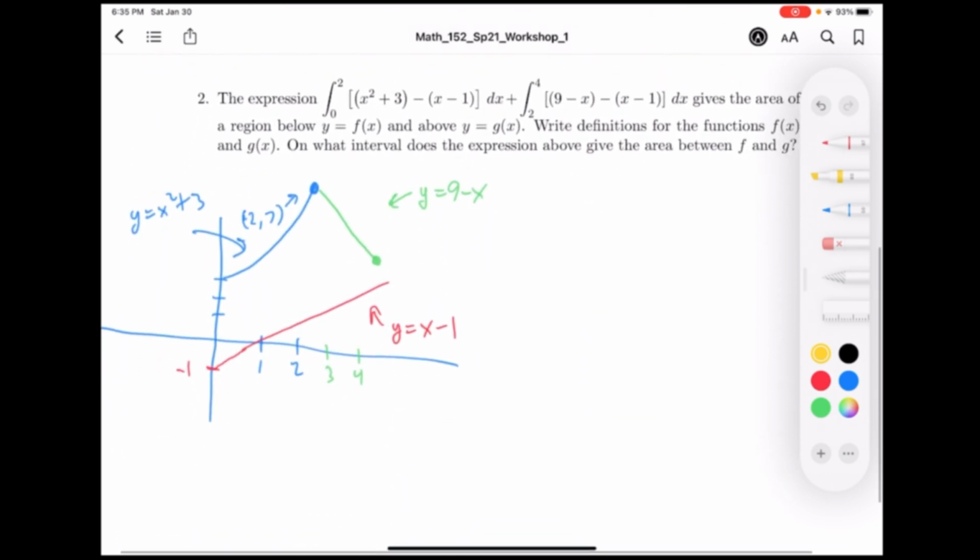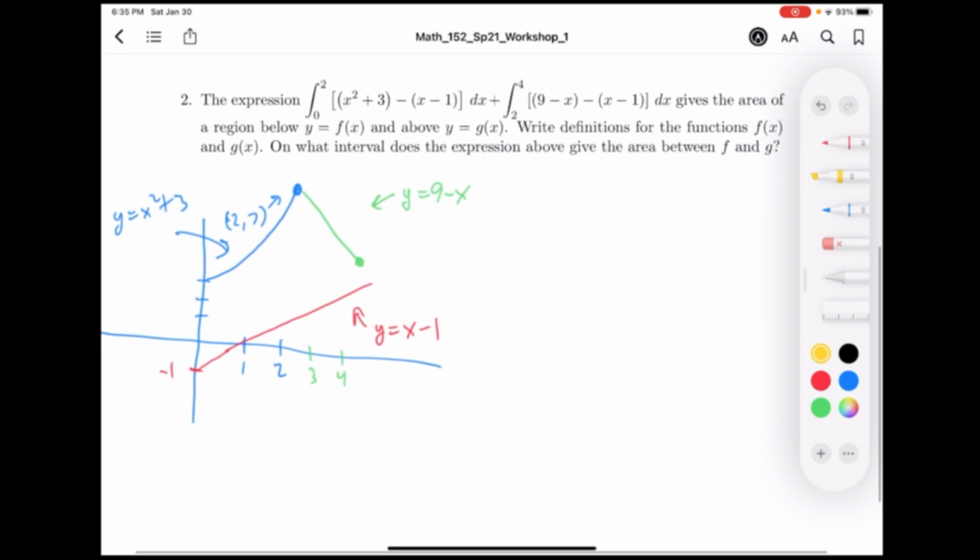So in this question, what I was looking for you to do was describe what the top and bottom functions are in this integral. So it's clear that if I graph the region, let's once again put in top and bottom. So what we have here is that this is top and this is bottom on the interval 0 to 2.